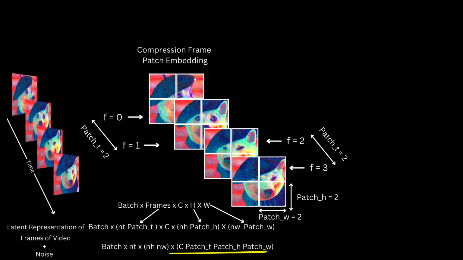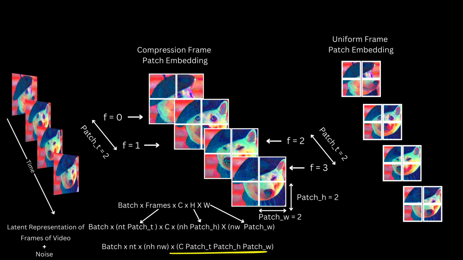The other option that the authors use is exactly the same as DIT or VIT. They call this uniform frame patch embedding, and here we simply apply the patch embedding to each video frame individually. So for example, in this case, where we are working with a batch size of 1, and that one video has 4 frames, the patch embedding block will operate as if we are working with images and our batch has 4 images.